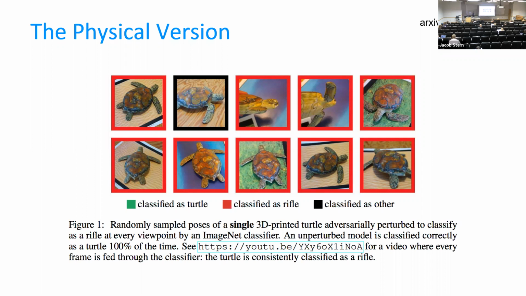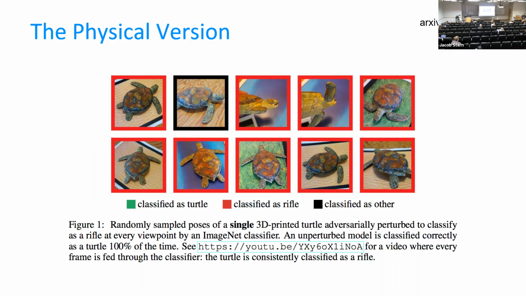Okay, so we're seeing that these adversarial perturbations transfer to the real world, which, if you're a deep learning practitioner and you want to design safe neural networks, should probably make you a little bit nervous. Yeah, Jacob, what do you think?